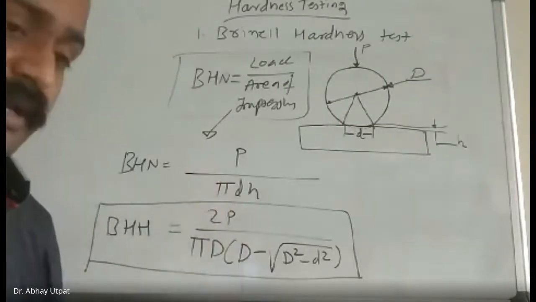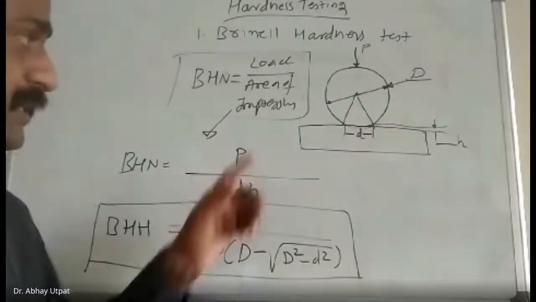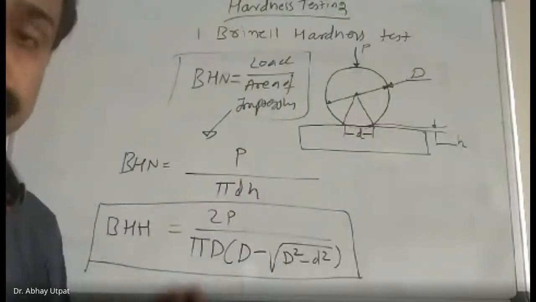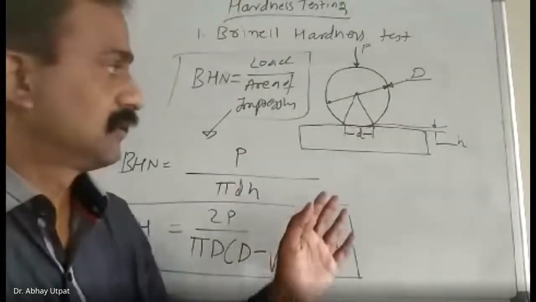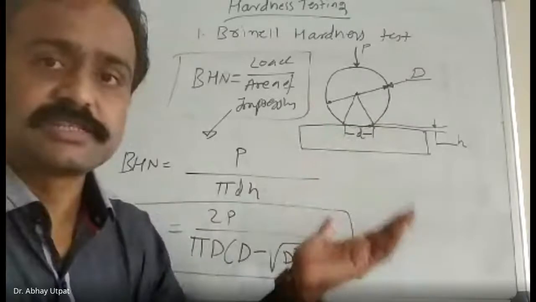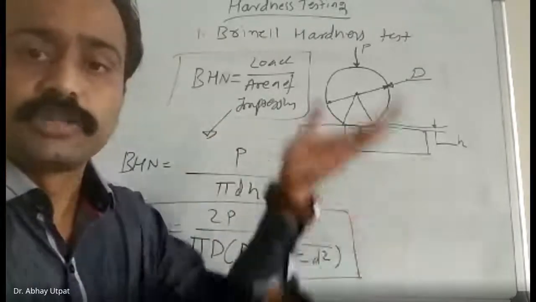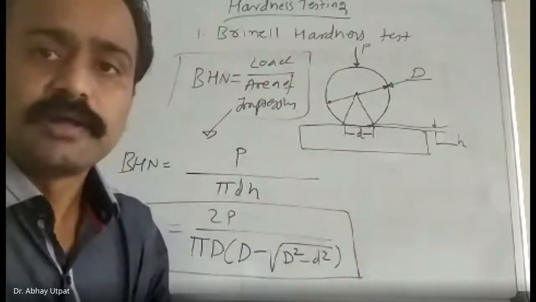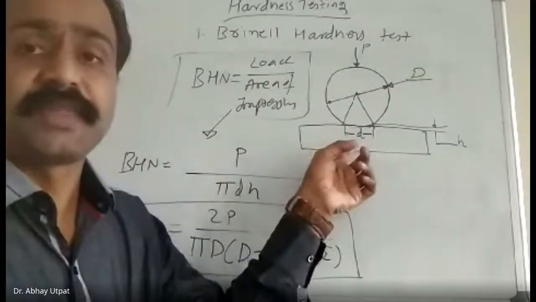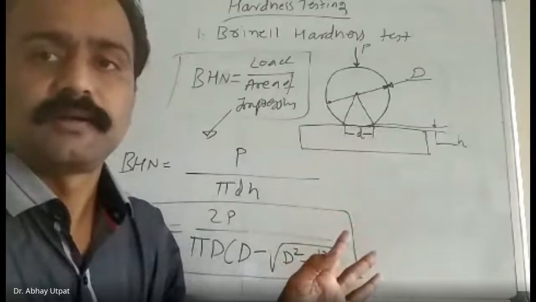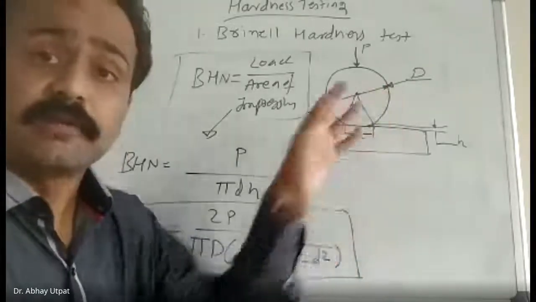Now, what are the drawbacks of this test? Just imagine this is a standard test. The standard test usually carried out in the industries uses a 10 mm ball and 3000 kg load. With this much heavy load, the workpiece may get deformed. The ball may also get deformed.